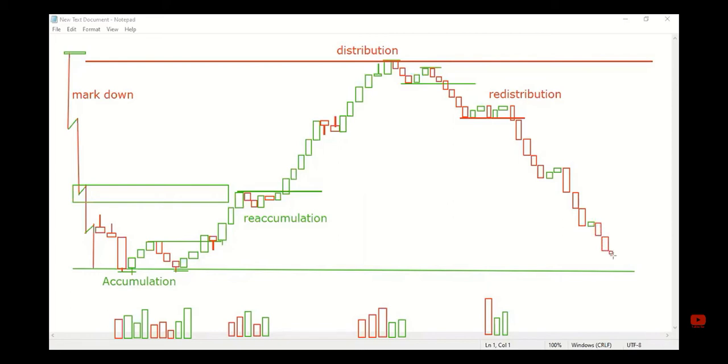So when we see this type of situation, again weakness, and after weakness, the market came to this level. It's not mandatory that the market comes back to the same level.